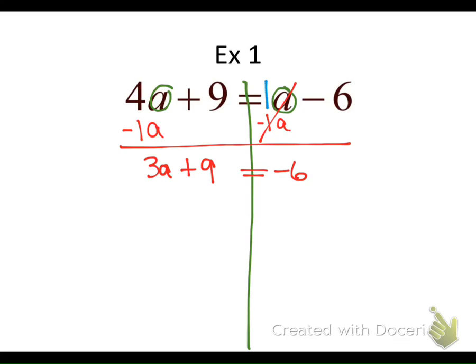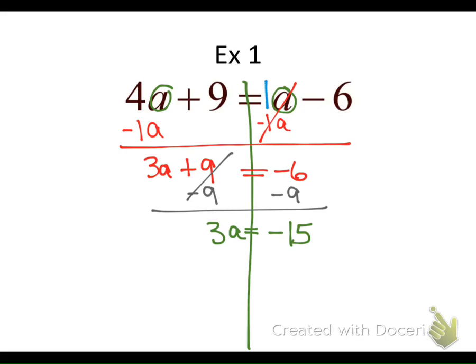This particular one, we now just solve as usual. So how do I get that variable by itself? Subtract 9. Cancel. What do I bring down on my left side? My right side? Negative 15.